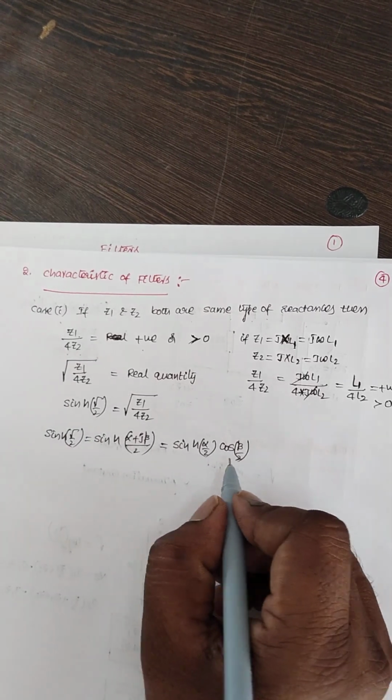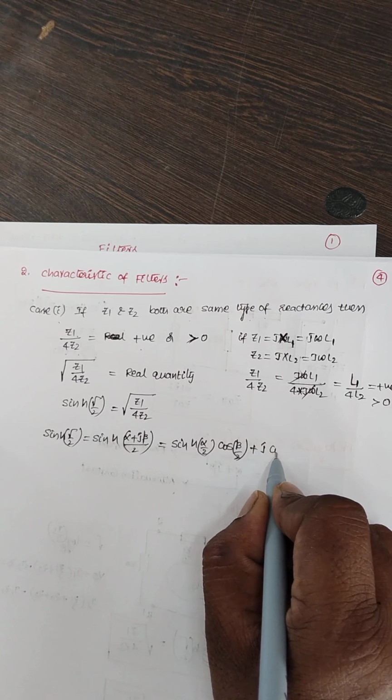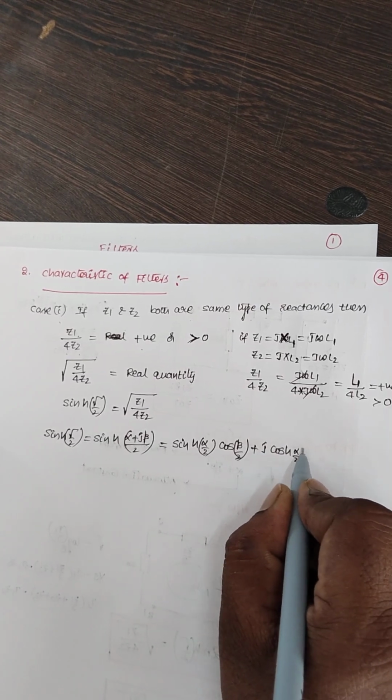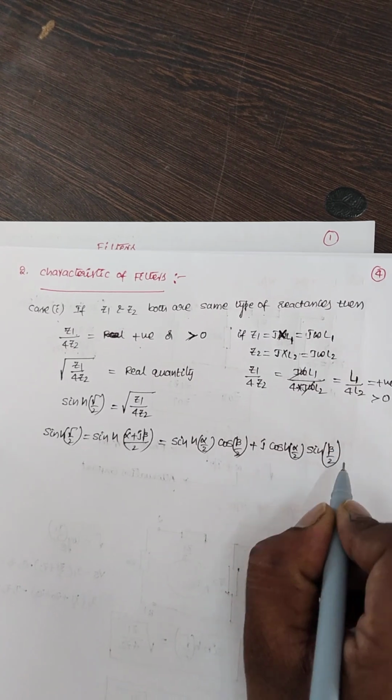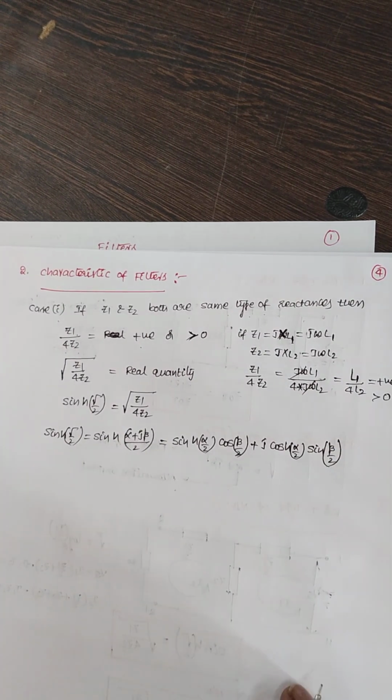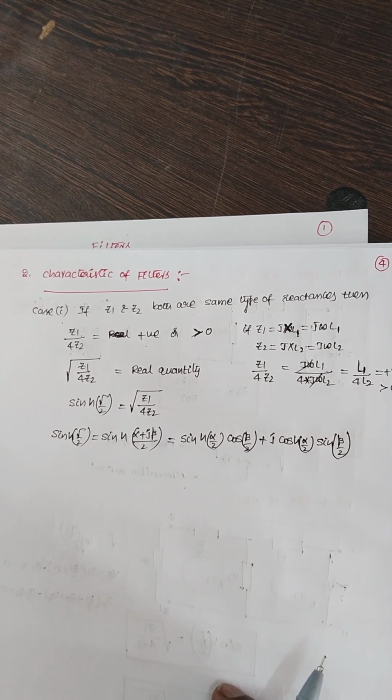If I expand this expression using the formula, it will be sinh alpha by 2 cos beta by 2, plus j into cosh alpha by 2 sin beta by 2. So this is how we can expand this expression.